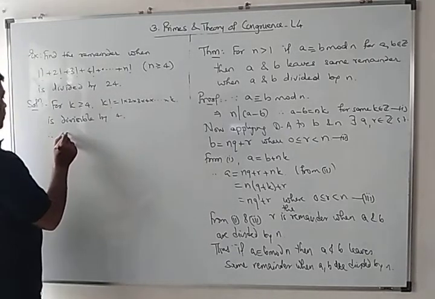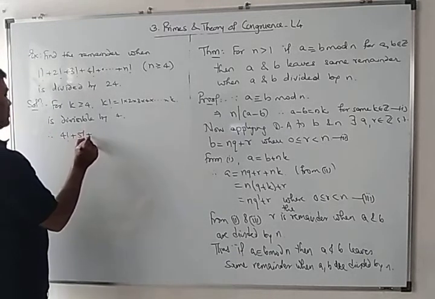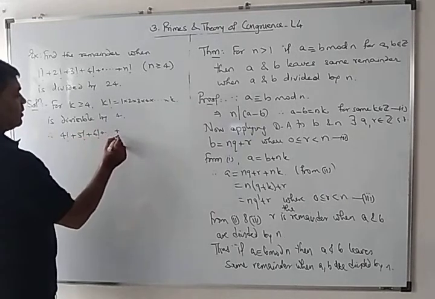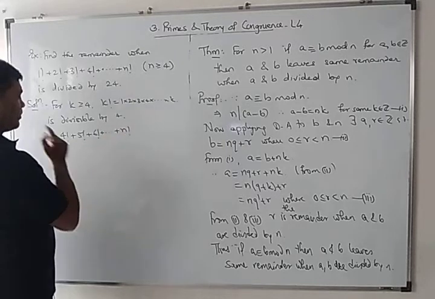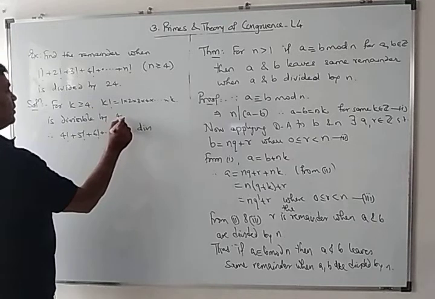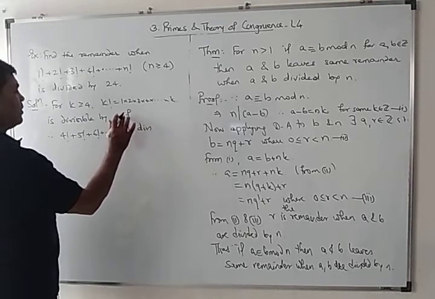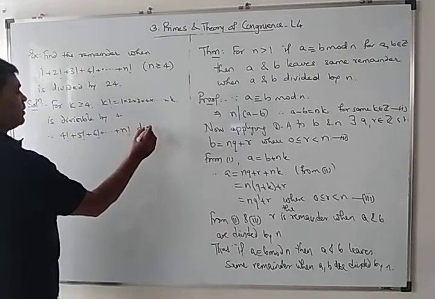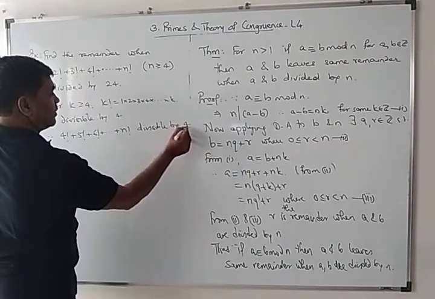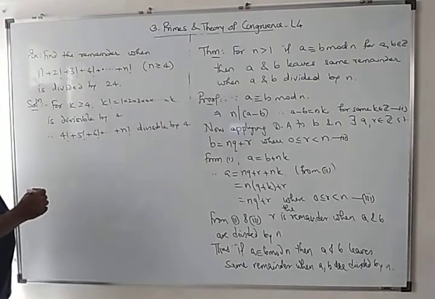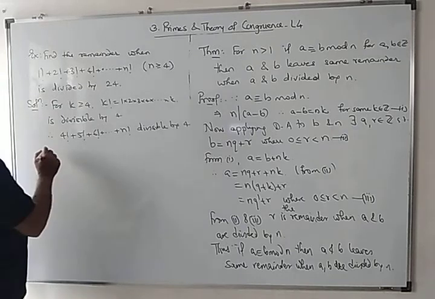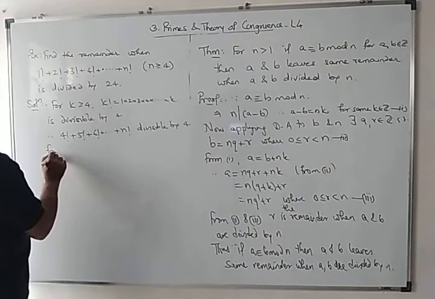Therefore, 4 factorial plus 5 factorial plus 6 factorial and so on, n factorial is divisible by 4 for any n greater equal 4.